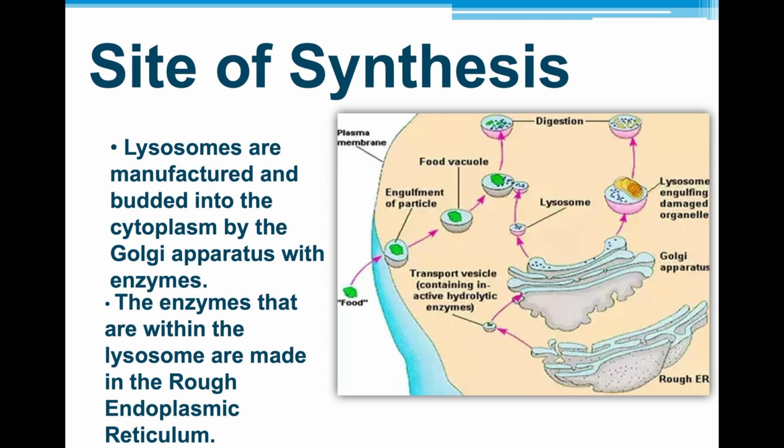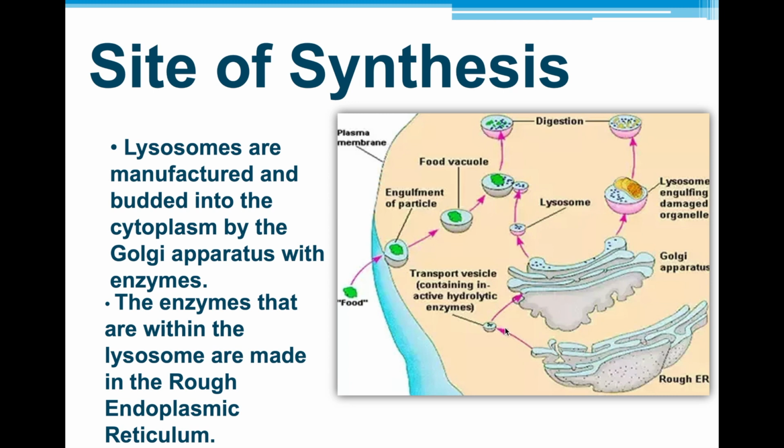Now we will discuss site of synthesis of lysosomes. Lysosomes are manufactured and budded into the cytoplasm by the Golgi apparatus with enzymes. The enzymes that are within the lysosomes are synthesized in the rough endoplasmic reticulum.